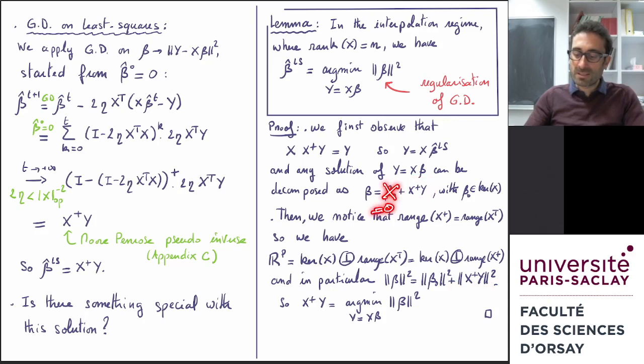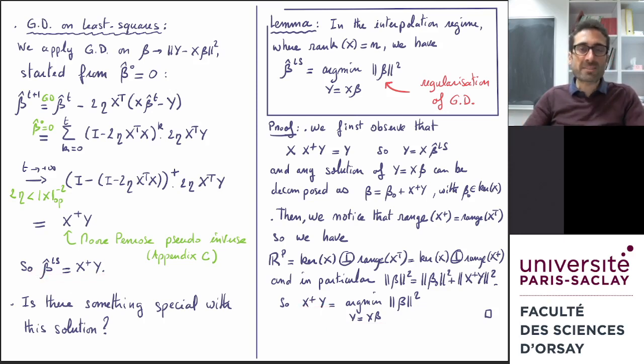Okay? Because this norm is always smaller than this. So my estimator here that has been selected by doing gradient descent on this square loss minimizes the norm among all the solutions to y equal to x beta.